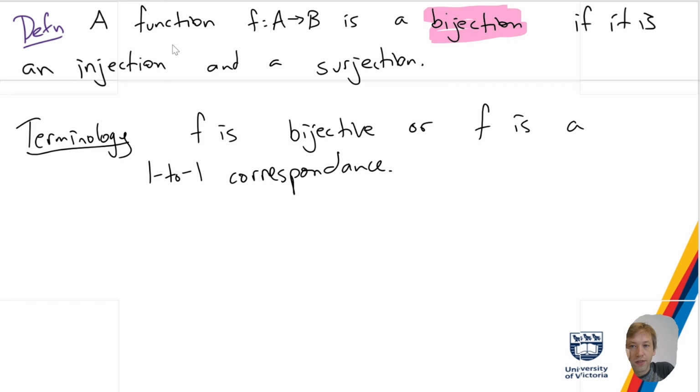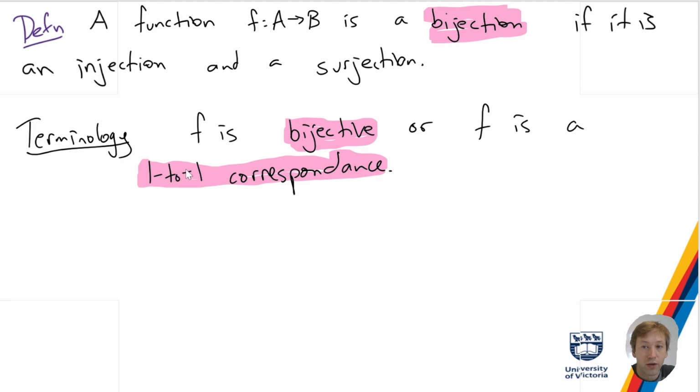I don't love this terminology because it sounds so similar to being one-to-one. Remember, a function is one-to-one if it's an injection or injective, but it's a one-to-one correspondence if it's bijective. One-to-one correspondence means that you're injective and surjective, but just saying it's one-to-one just means injective.